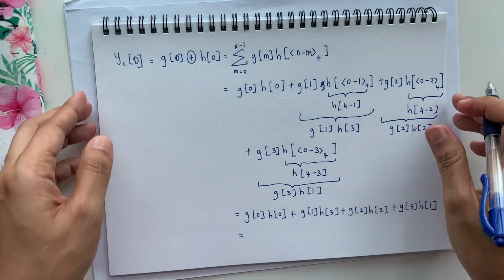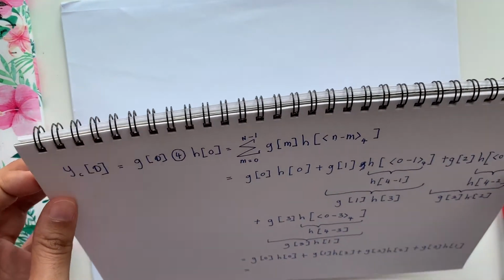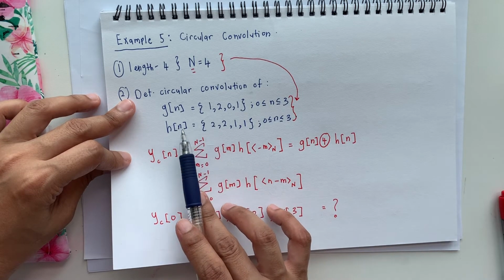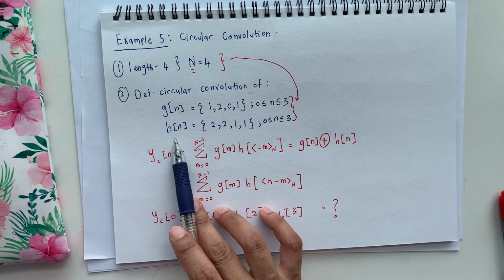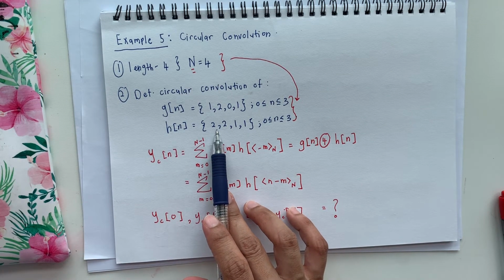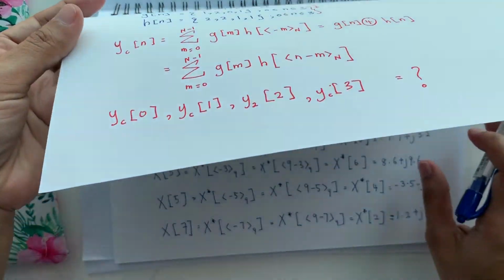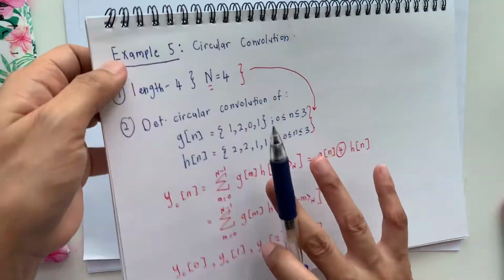Alright, go back to the question. G0 is 1 and H0 is 2, so 1 times 2. You have to follow the sequence.